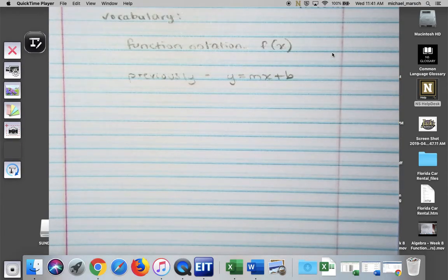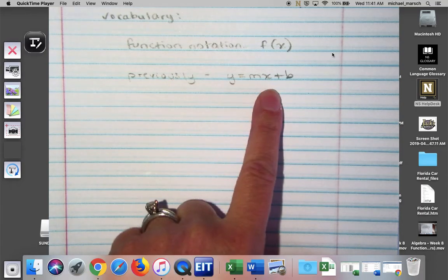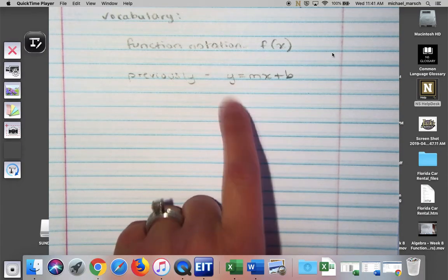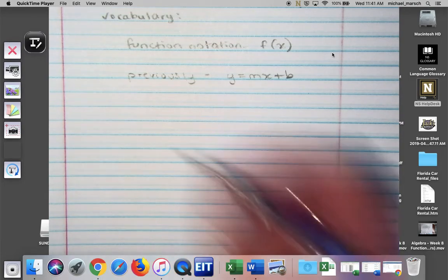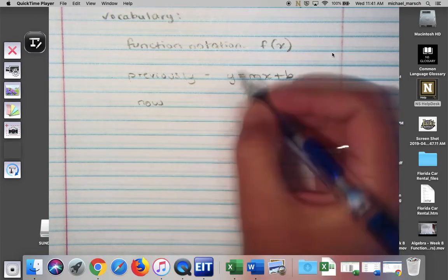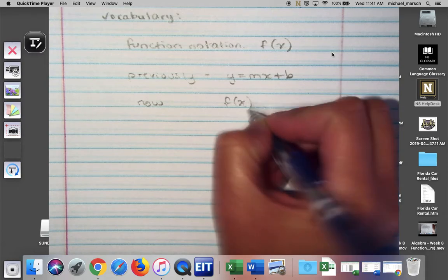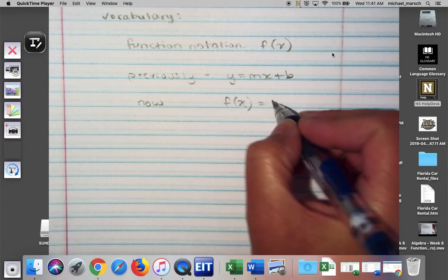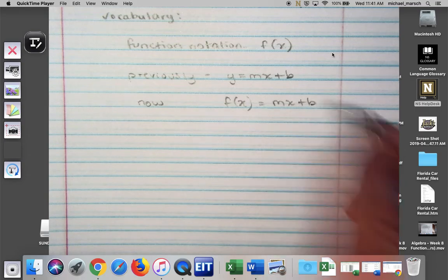Who remembers what the m is? Slope. What's the b? Y-intercept. And then we have our input and our output, right? So based on what our input is, that affects our output. That's the same thing. So now we're just going to do function of x equals mx plus b.